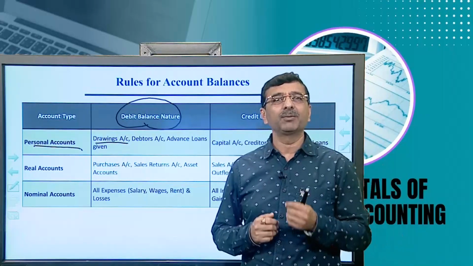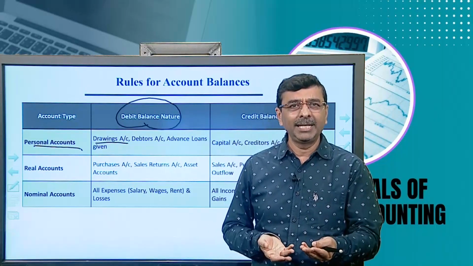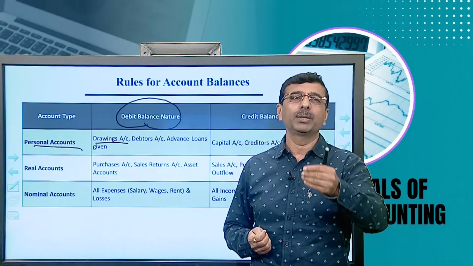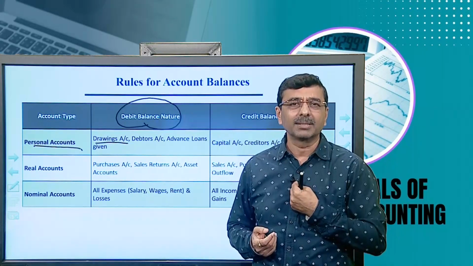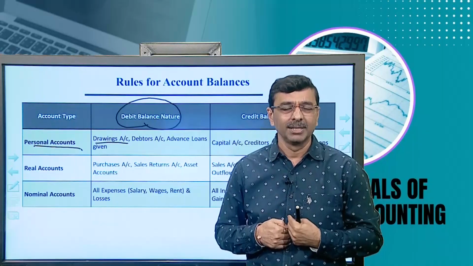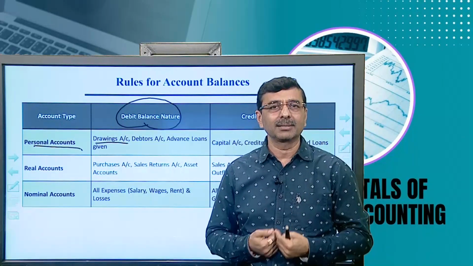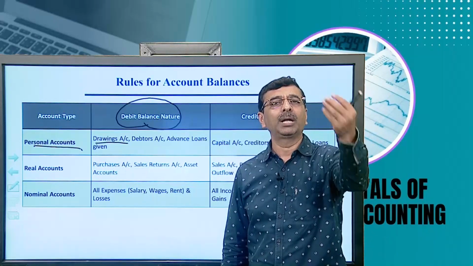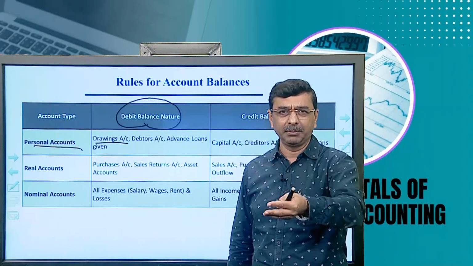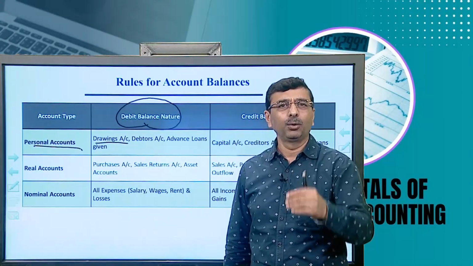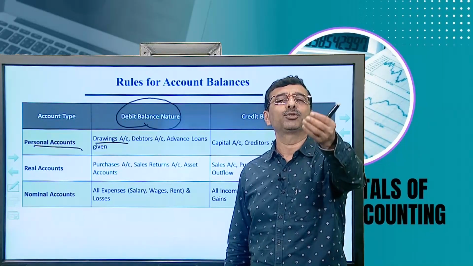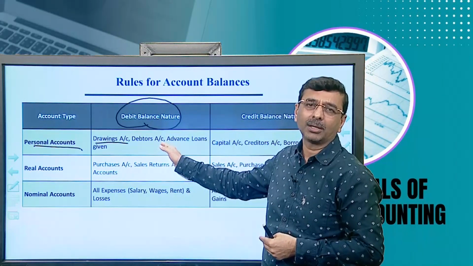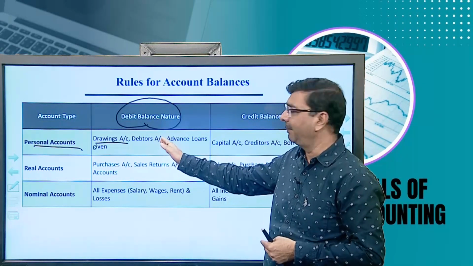Debtors means when you sold goods to a particular party on a credit basis, the person purchasing goods from us is a debtor for us, and debtors are our current assets. So debtors are always debit. Any amount given in advance to an employee or a customer or anyone, or a loan given to a person, means it is receivable from them, so it is our asset. So loan accounts are also debit.